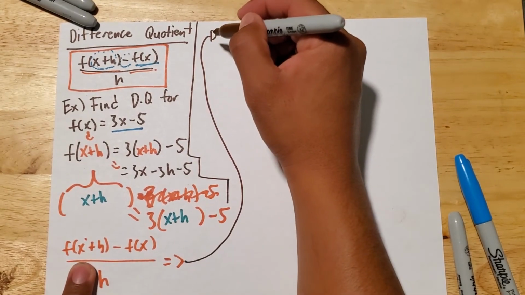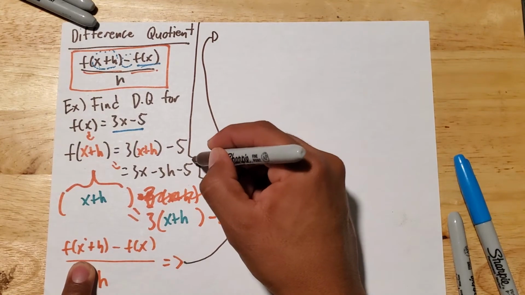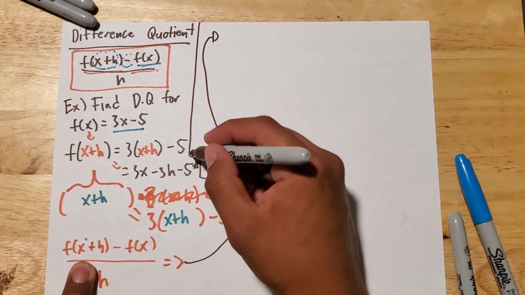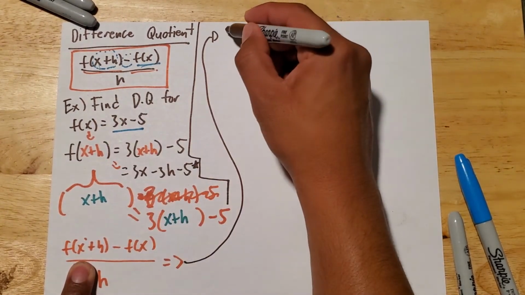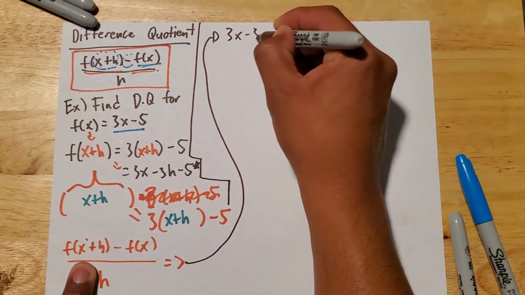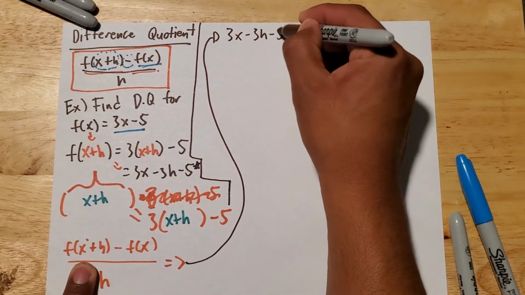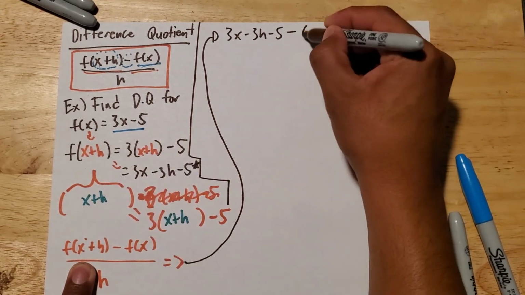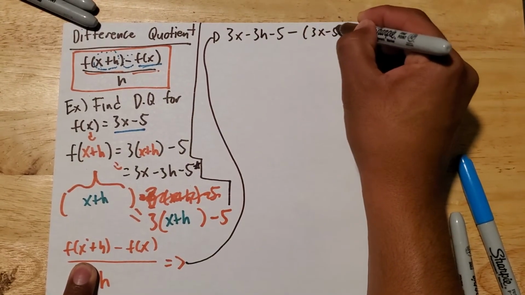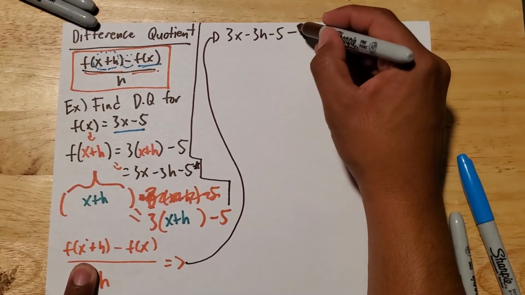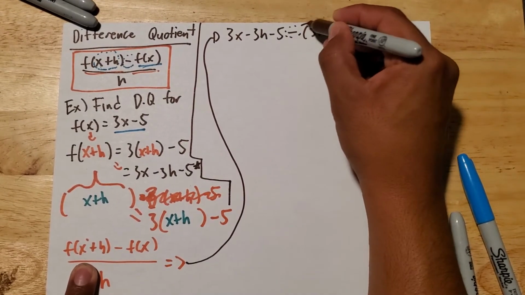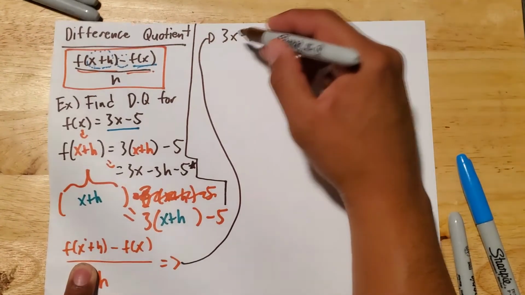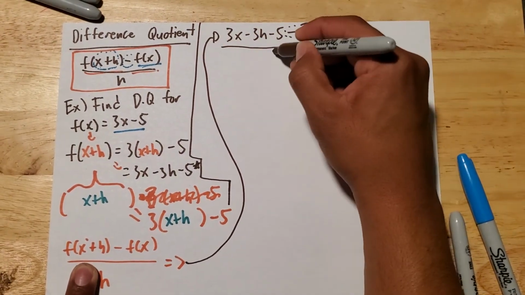So when I plug in this f of x plus h, this is what I'm plugging in right here, because it's 3x minus 3h minus 5. Then minus what f of x is. F of x is 3x minus 5. And again, I'm using parentheses because this negative is going to distribute over h.